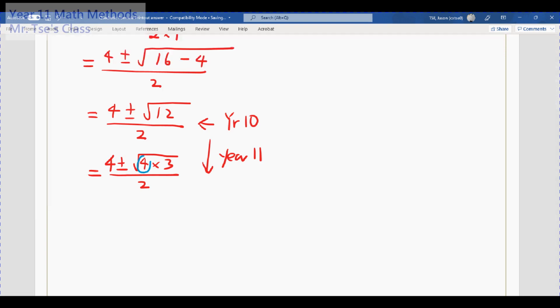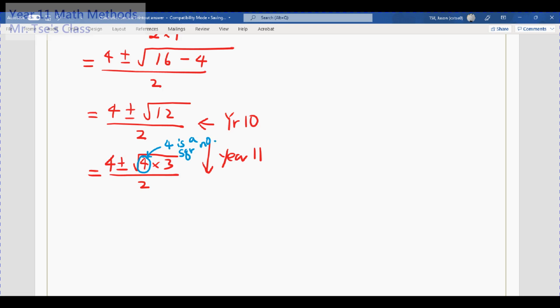You decompose that 12 into two factors, 4 times 3. Why choose 4 times 3 rather than 2 times 6? Because 4 is a square number, which is very important.